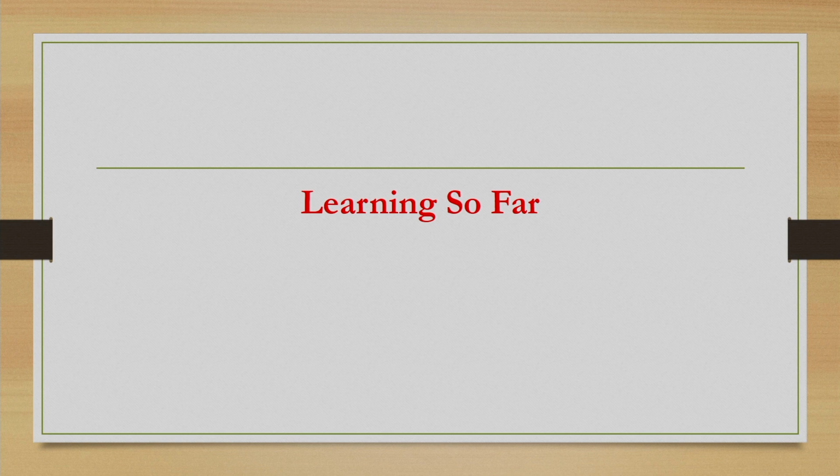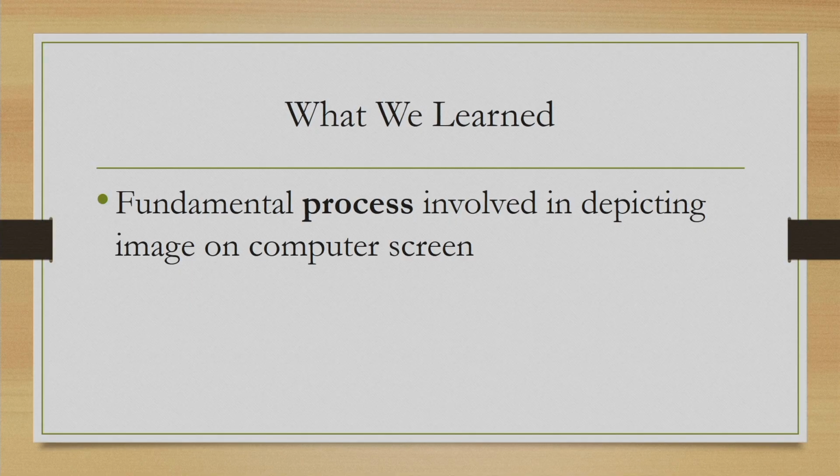So, in these lectures on the pipeline as well as the lectures that preceded the pipeline discussion, what have we learned? We can summarize the learning as the fundamental process that is involved in synthesizing or depicting an image on a computer screen.